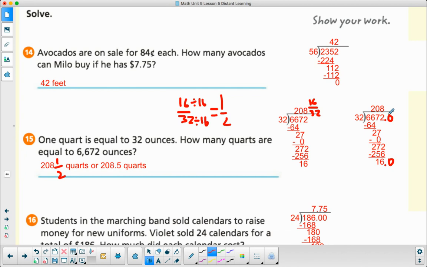There would be 5 tenths. 5 tenths multiplied by 32 is 16, and 0 tenths gives me 0 left. So I would have 208 and 5 tenths quarts.